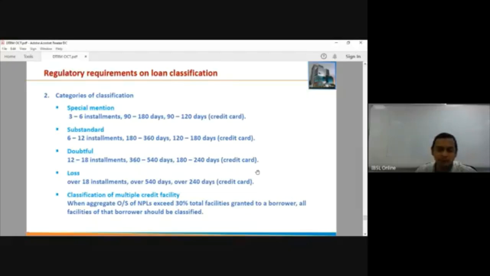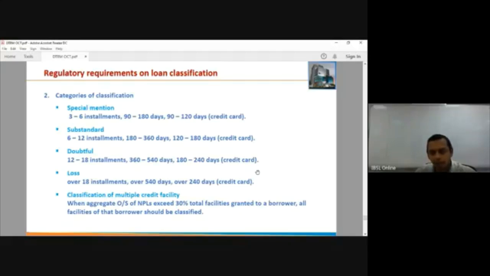Say the customer has been given a lease, a housing loan, a credit card, and an overdraft, and he has defaulted on the lease, for example, not paying the lease rental for 3 months. Now the bank needs to check the defaulted lease's outstanding balance, whether that is more than 30% of the total outstanding or not.